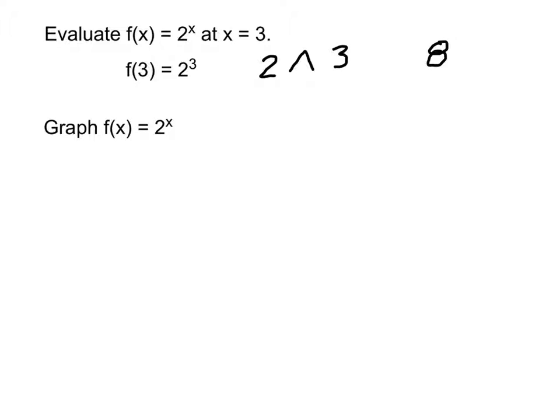Now let's say you were asked to graph f of x is equal to 2 to the x. Well, using the characteristics we talked about previously and plugging in points, you can get a pretty good idea of what the sketch is going to look like. So from the characteristics, we already know that this graph is going to go through the point (0, 1). So it's going to go through that point right there. And then you can start plugging in points. So if x equals 1, your answer is 2.